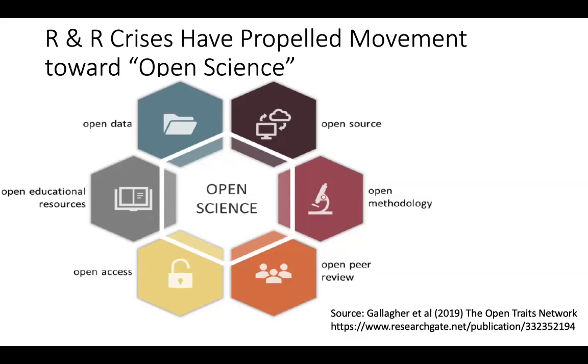So open access is another really important component of open science. And then finally, open educational resources involves better training of researchers into the idea about open science, learning how it works, learning how to do it better. So this is a really important set of perspectives that I hope you will explore even further.